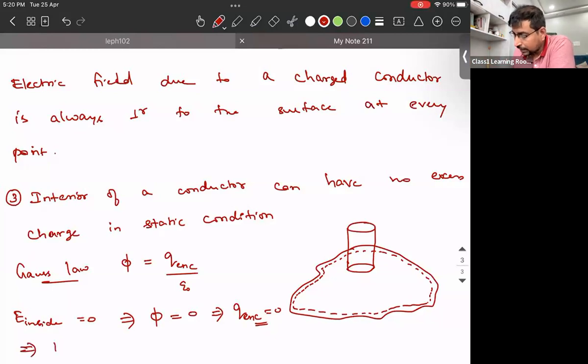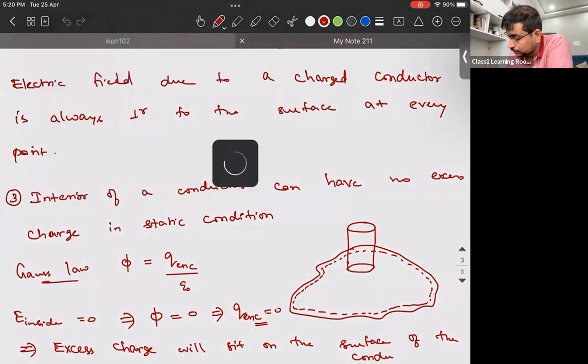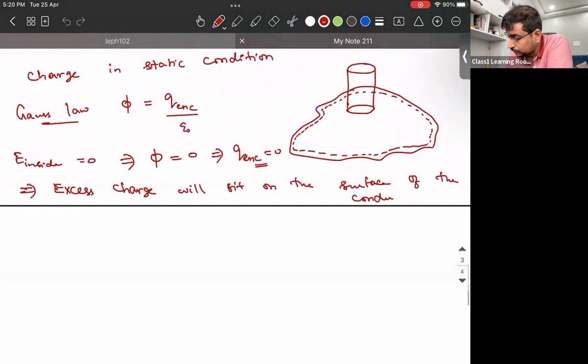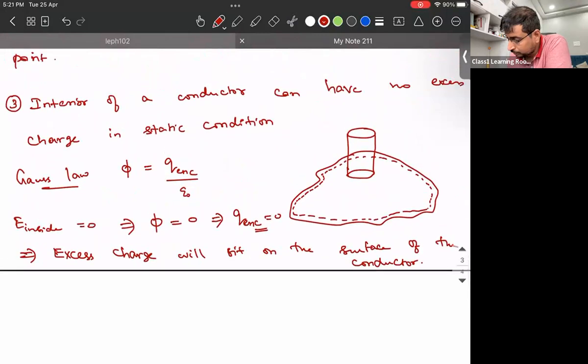So this clearly implies that the excess charge will sit on the surface of the conductor. Okay, so make a note of this point.